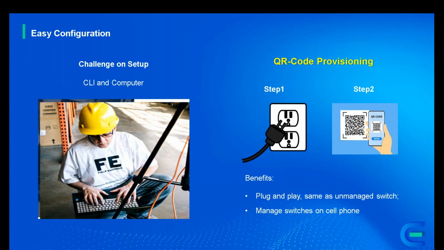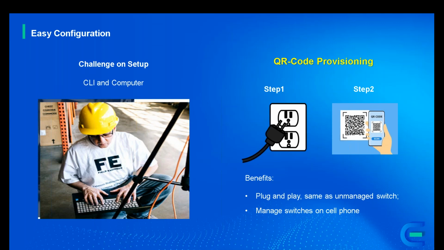You have to go to the site, one engineer or one specialist goes to do the configuration using the laptop, sometimes the CLI, the command line interface, to configure VLANs and ports, every configuration done with the laptop connected to the network. Sometimes the installer is not the one that does the configuration. You need an extra person, some specialist to do this.